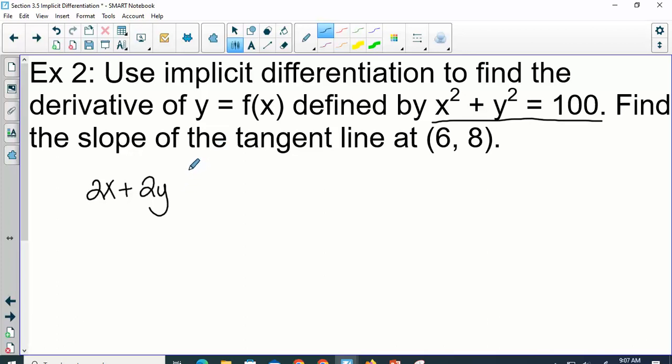So beside that, we write dy dx, just like the chain rule, derivative of y is dy dx, equals, what is the derivative of 100? 0. So now we could solve for dy dx. Go from 2x divided by 2y.